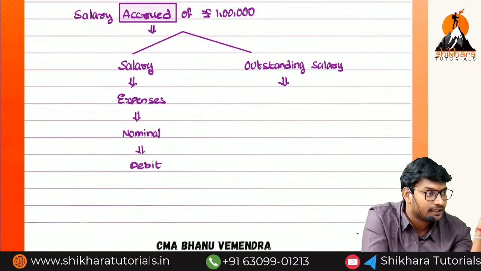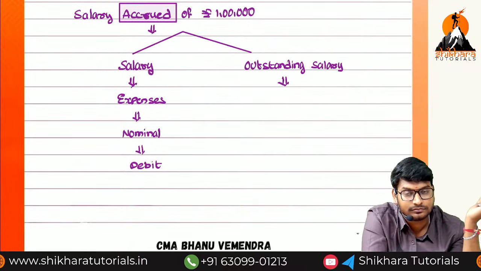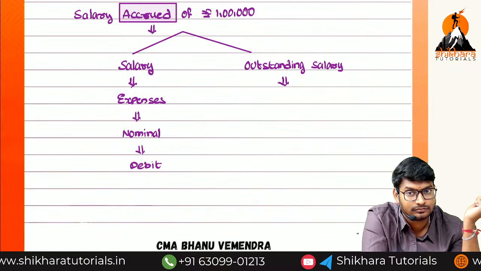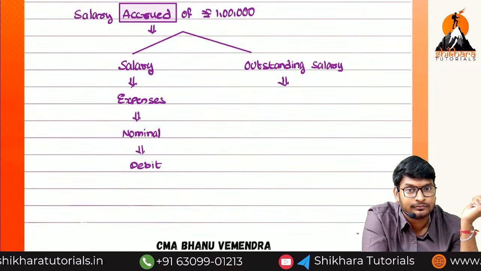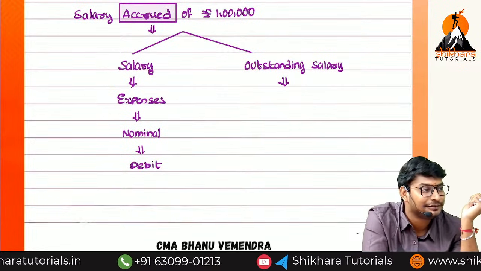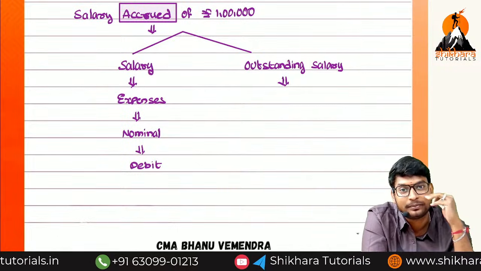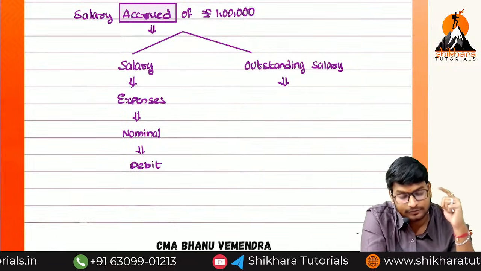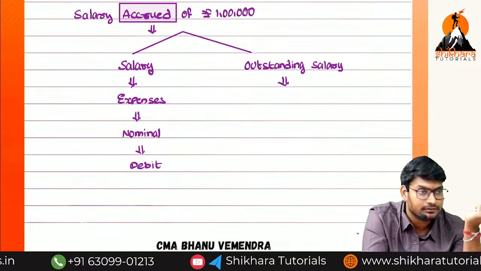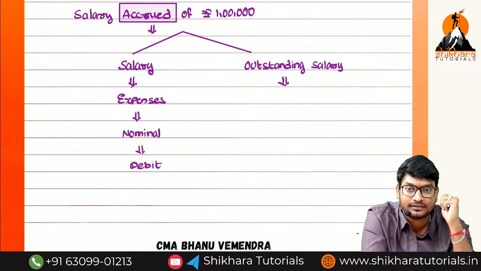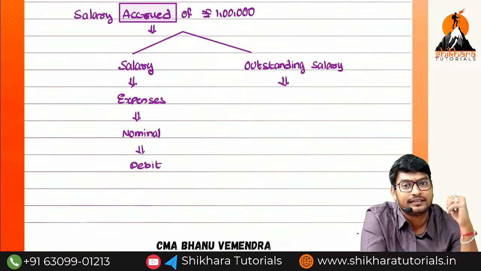Real account, nominal account or personal account? Representative personal account. Why is it a representative personal account, sir? Sir, we have the liability. We have to pay to whom? Employees. So we can write all the employees' names in the journal book.